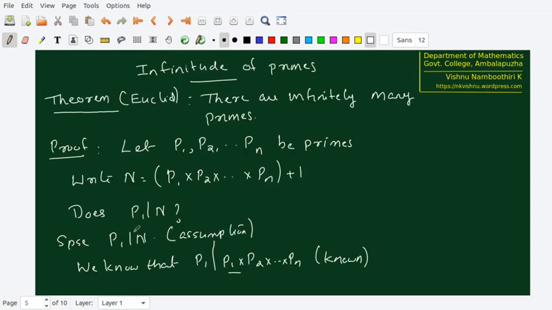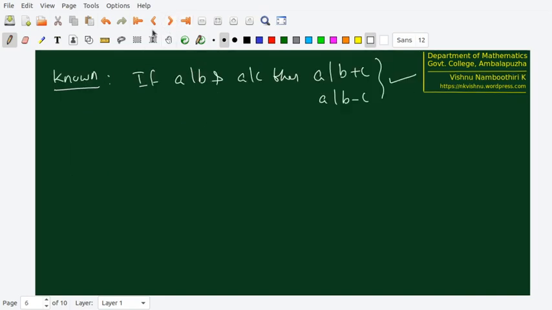Here we have P1 divides n, and P1 divides the product P1, P2, etc. up to Pn. Therefore, P1 divides their difference also, that is n minus P1, P2, etc.